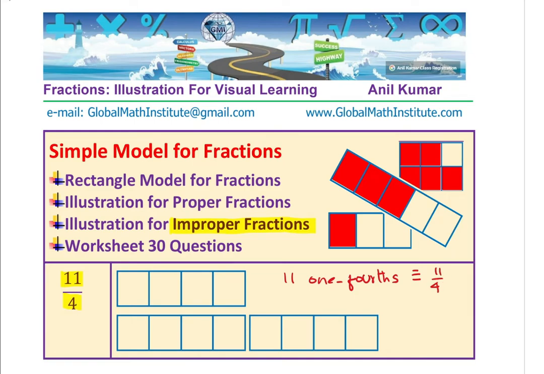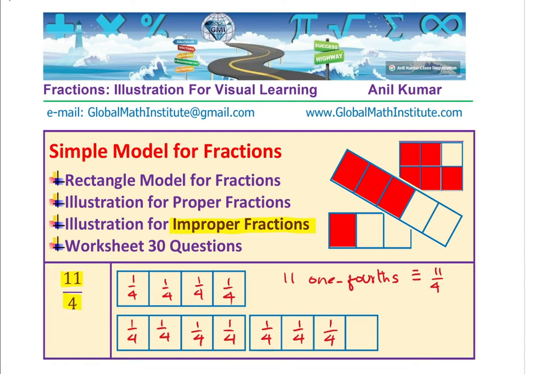So let's count. 1 by 4, 1 by 4, each is 1 by 4. Do you see that? So we have many of these, let us say, right? And we got 4 of them now. 5, 6, 7, 8, 9, 10, and now 11. So we have shaded 11 fourths.